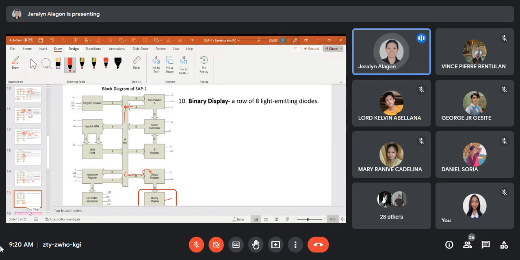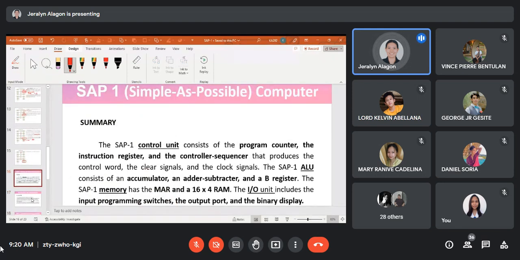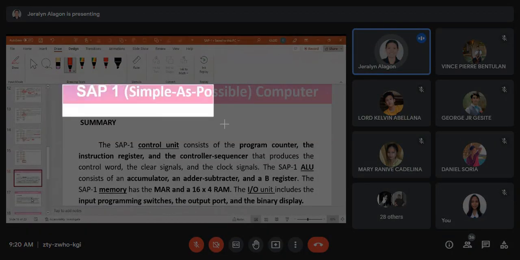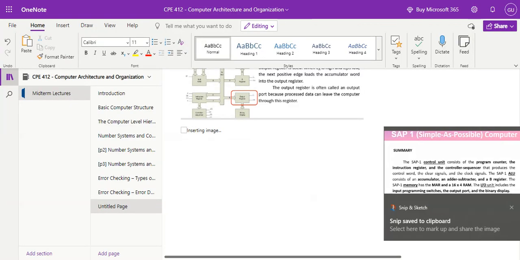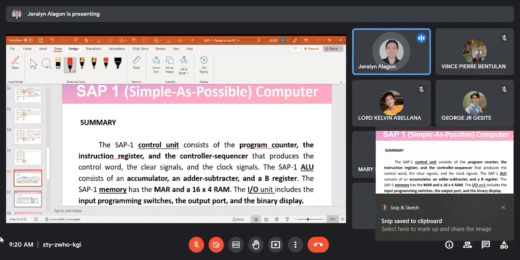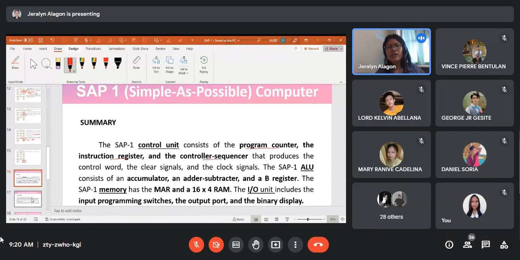So you can already have the picture of what is taking place in the SAP1 computer. To summarize, the SAP1 has a control unit, like a CPU. The program counter controls, the instruction register tells which instruction comes next. Then the controller sequencer tells what to do next, who should be activated, executed or loaded. The controller sequencer produces the control word and the clock signal. These compose the SAP1 control unit.